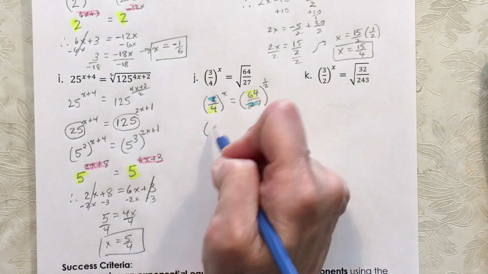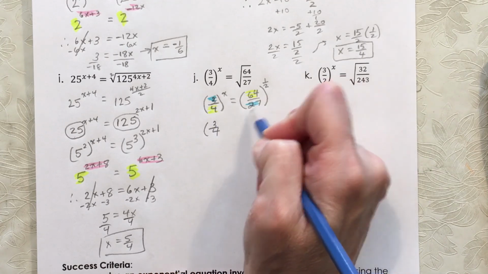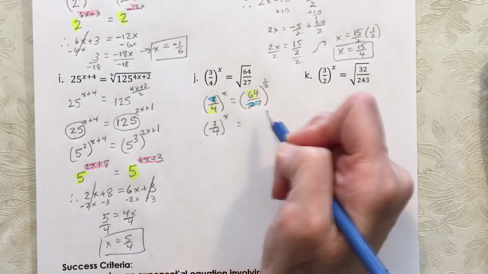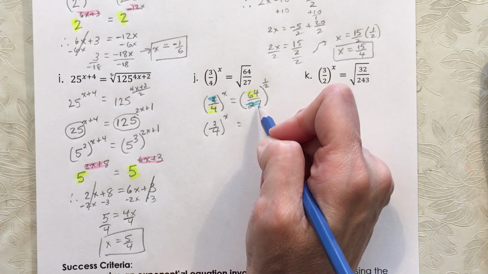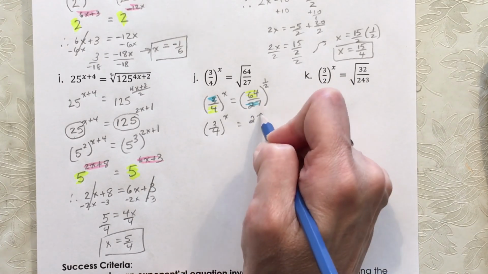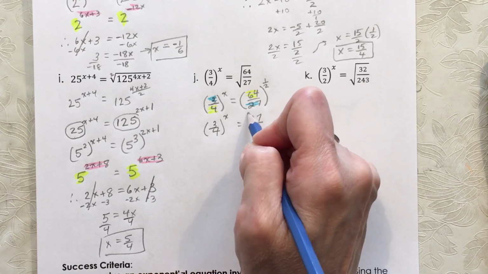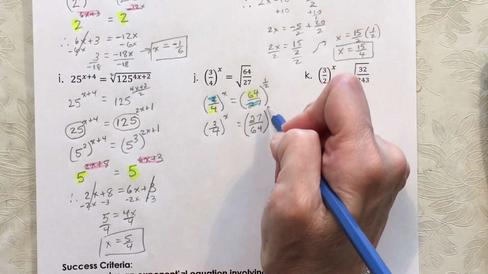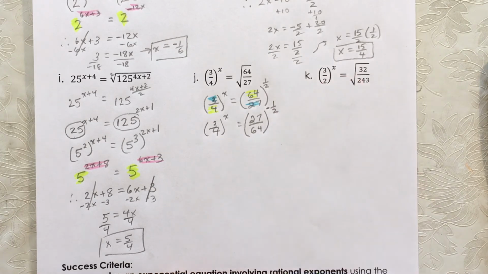So if I want to be able to rewrite the two sides with a common base, I'm gonna have to flip the 64/27 and make it 27/64. But if I do that, that's gonna make the exponent negative.